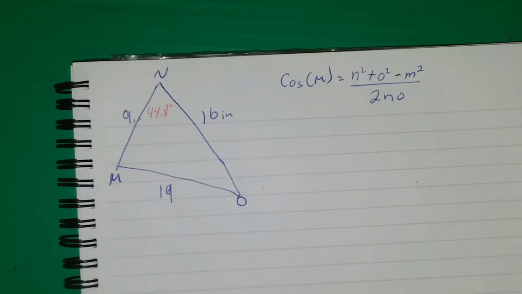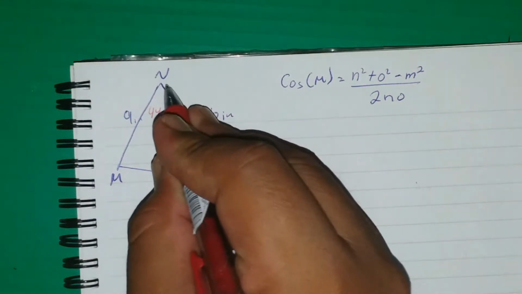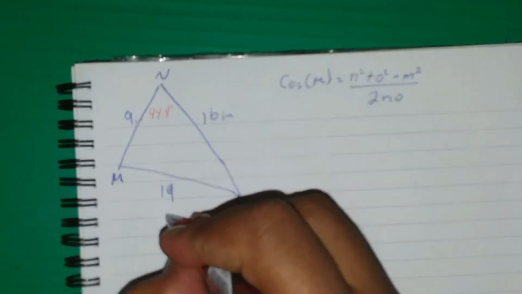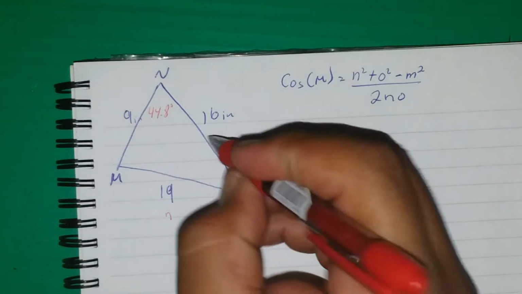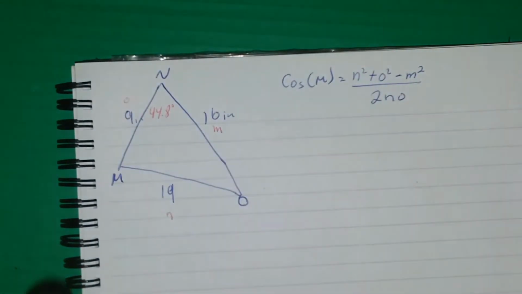So once I figure that out, let me just quickly label again what's m, n, and o. This is side m, this is n, small o. Okay, done.